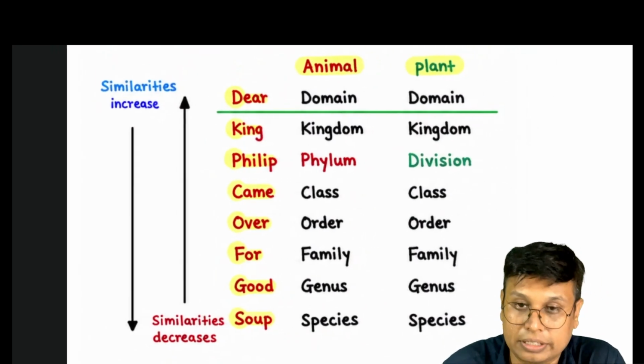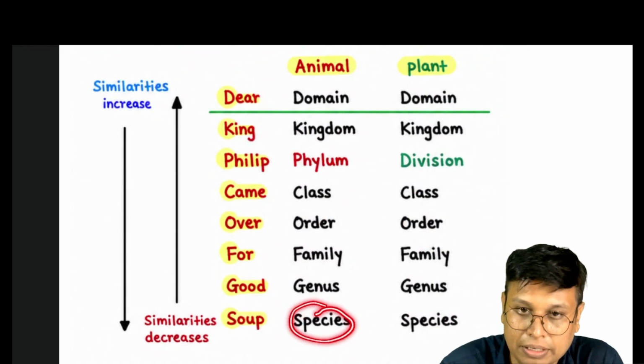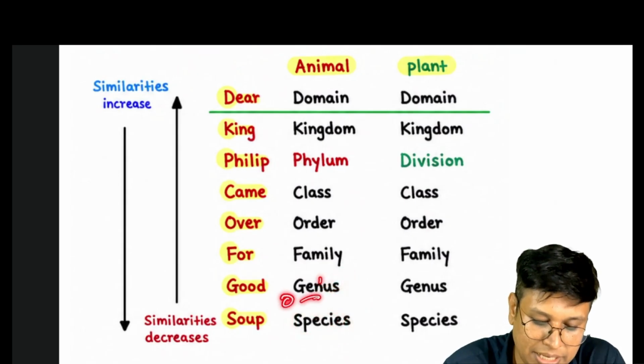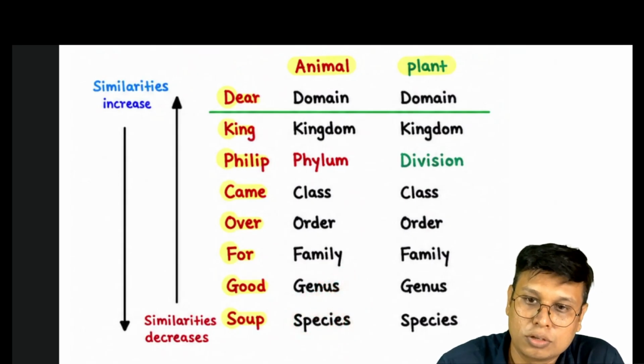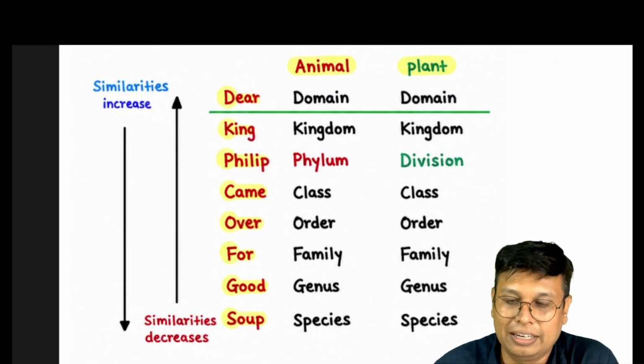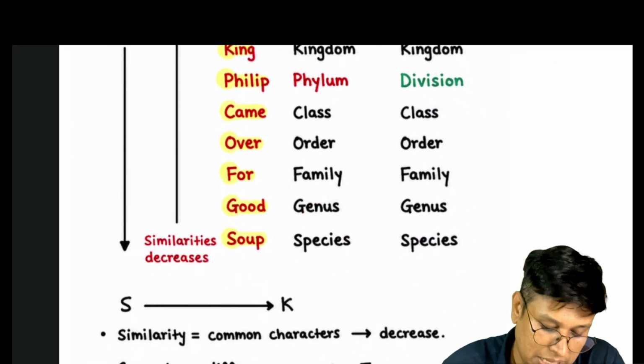This is an important thing. This is a group of close-knit, similar individuals. Then again, many species comprise a genus, many genera comprise a family. So what is happening? The differences are increasing and similarities are decreasing. One question will be asked based on this. So pay attention here.